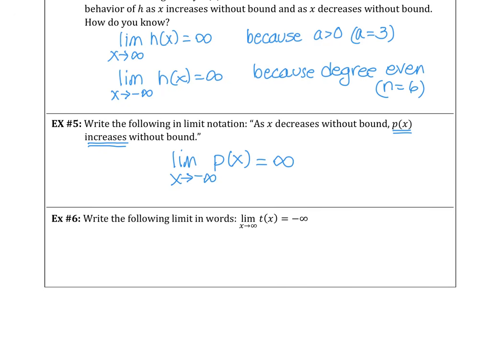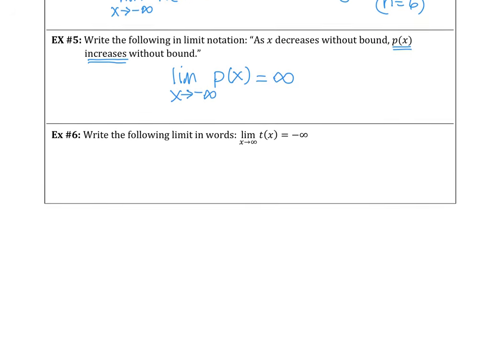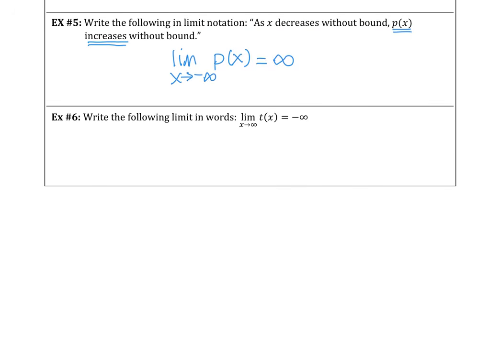And then the last statement, we want to be able to use that rule of 4 and translate from verbal to mathematical or from mathematical to verbal. So what does this say?